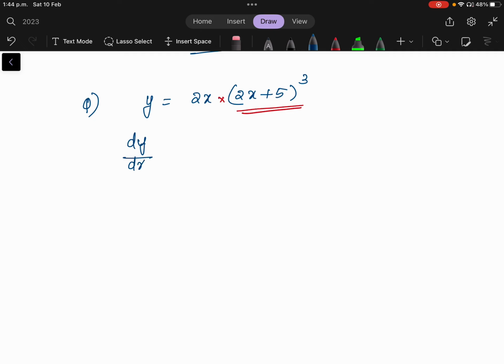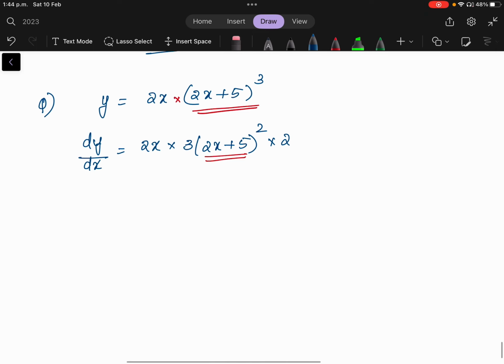Let us try this. dy by dx is equal to, first apply product rule: 2x times the differentiation of the second term, which is 3 times 2x plus 5 to the power of 2. Is this over? No, this is not x, so differentiate that again, times 2. This is where many people miss out on the differentiation in the question.